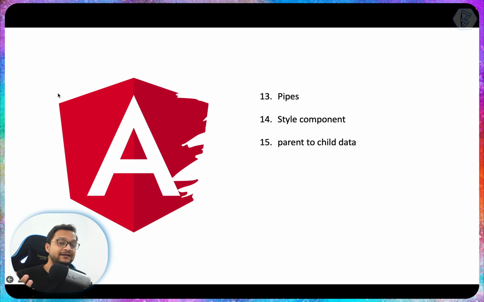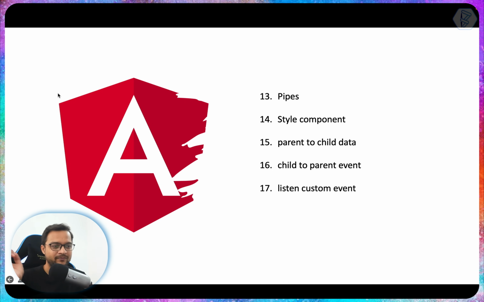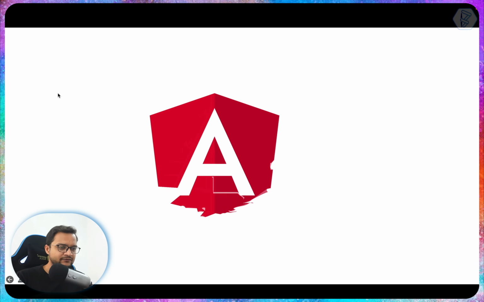And a final amazing thing which is really useful and you must learn: how to send data from parent to child and from child to parent, meaning from the parent component to the child component and back. Then we will see how we can listen for custom events and what the lifecycle hooks of a component are: created, destroyed, and other things.